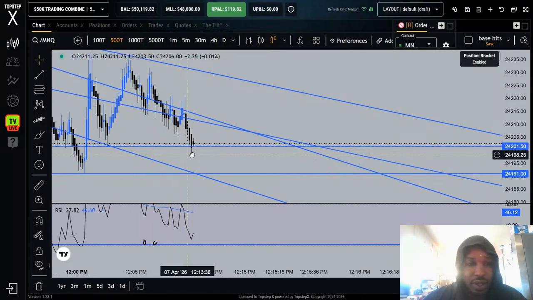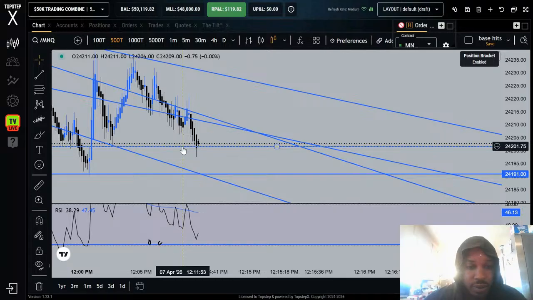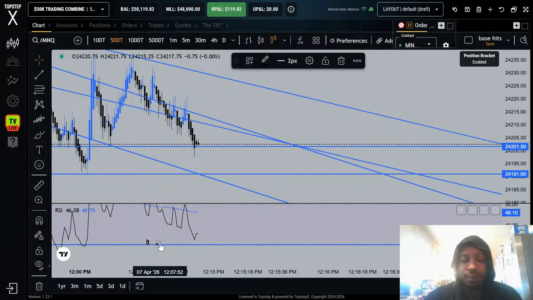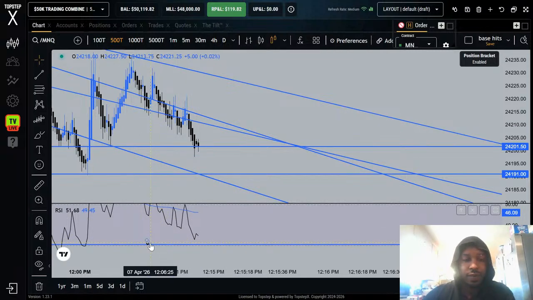So we can check here. This is a lower low on the RSI. Price forms another lower low, and RSI forms another lower low. So this still has some bids to hit.